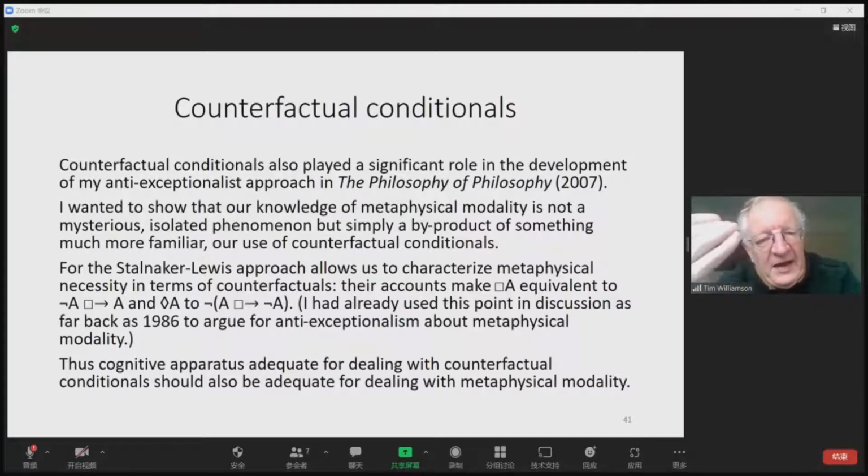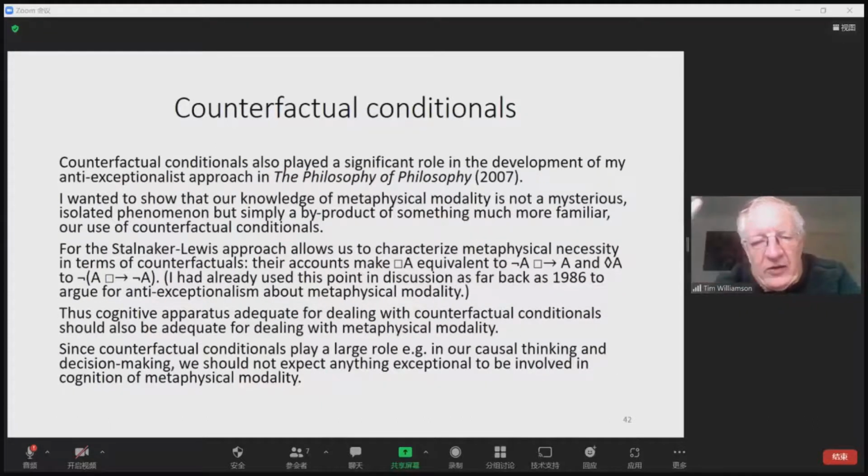It's something that is already in effect available to us from our use of counterfactual conditionals. And since counterfactual conditionals play a large role, for example, in our causal thinking and decision making, we should not expect anything exceptional to be involved in cognition of metaphysical modality.